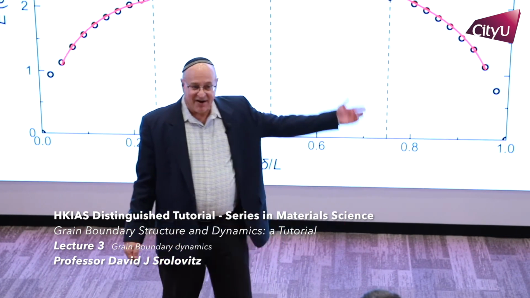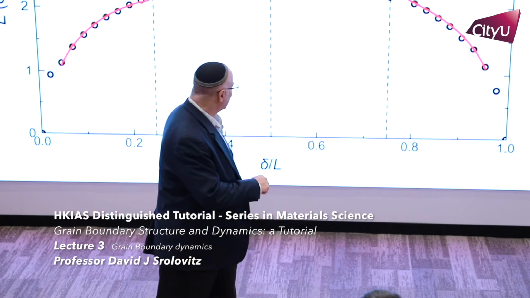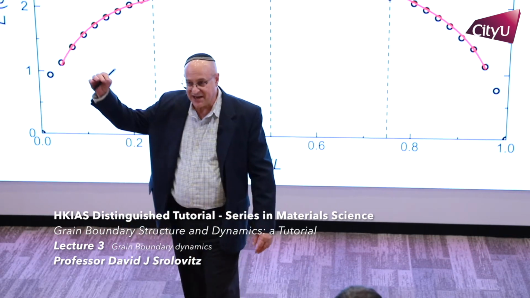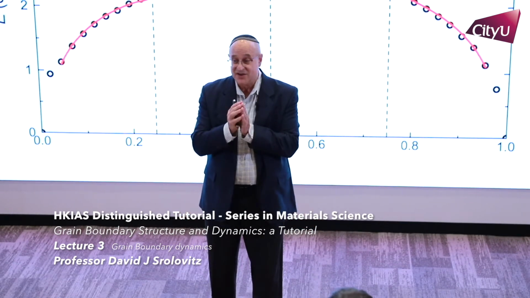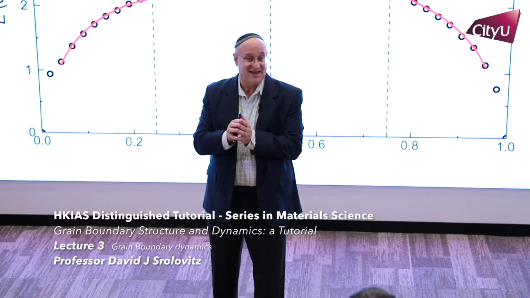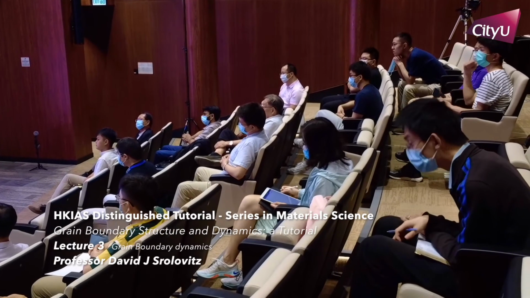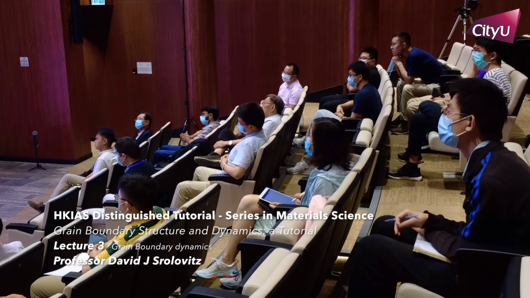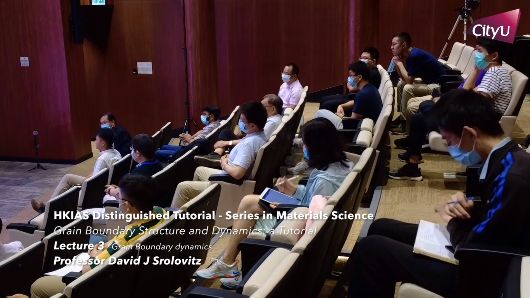But now I understand the thermodynamics and I understand the barrier, so I understand the energy or the stresses or the thermal fluctuations I need to get this. So we've done the thermodynamics. Now we have to do the statistical mechanics.